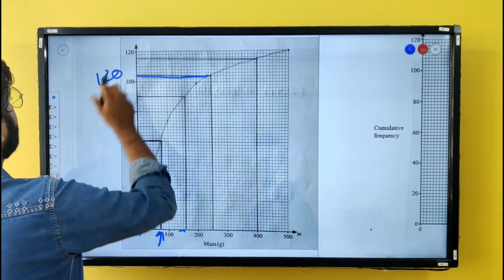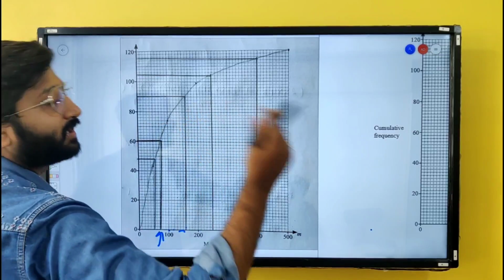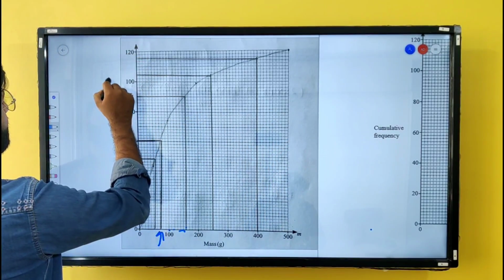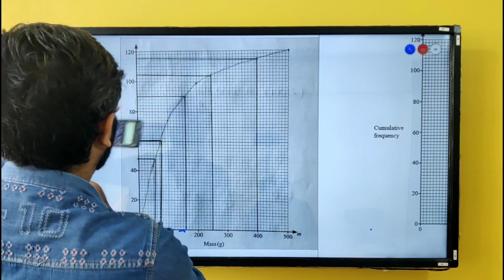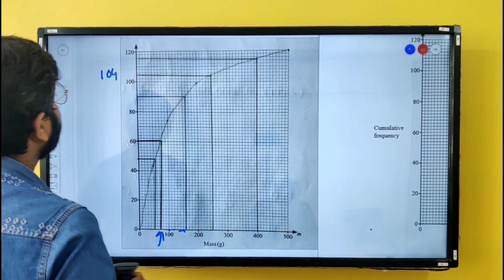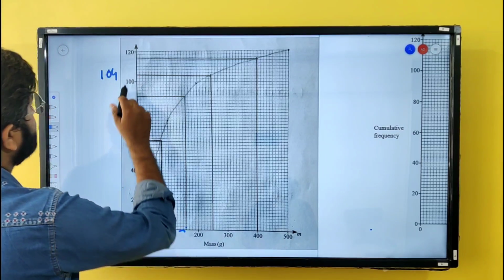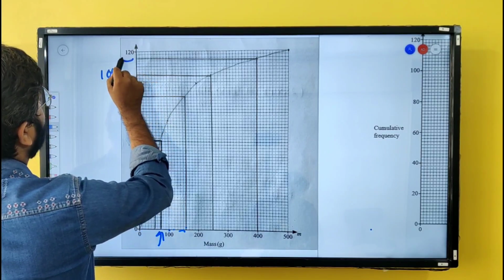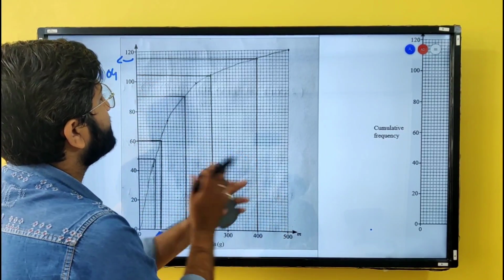this is not 120, my mistake. Each line is of 2 units. So this is 104: 2, 4, 6, 8, 10. Yes, this is 104, and this is 106, 108, 110, 112, 114, and this is between 114 and 116.